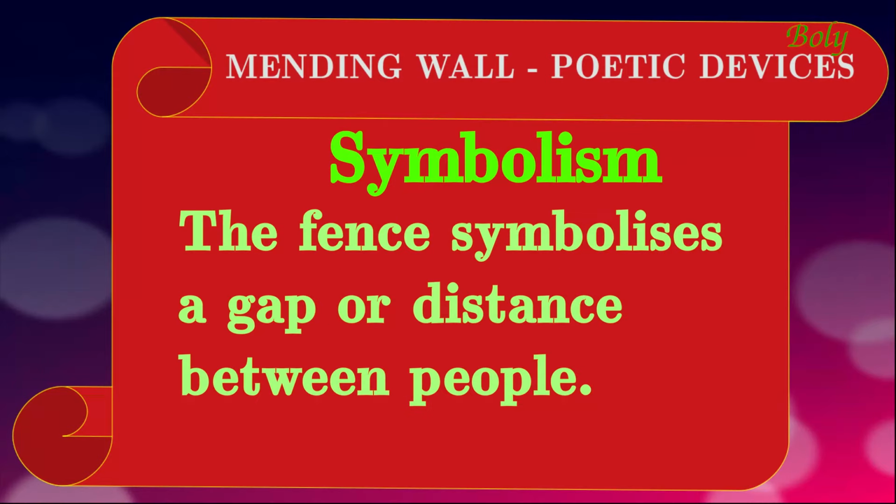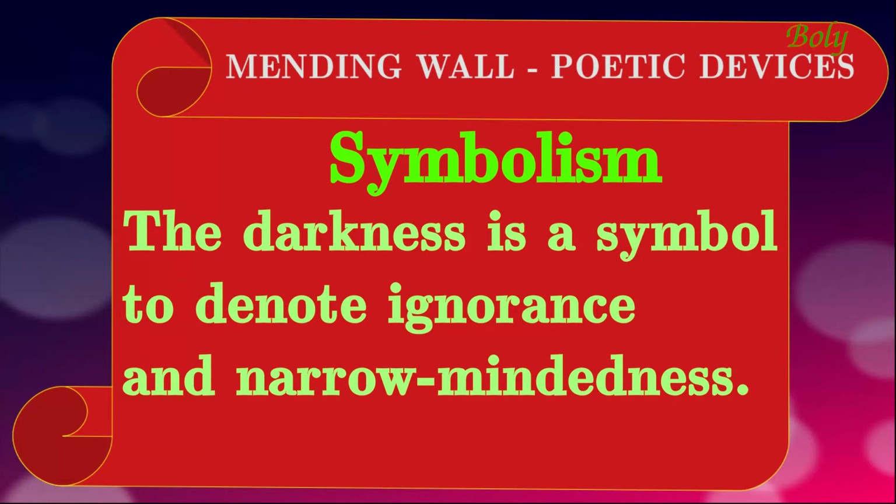Another important symbol in the poem is fence. Fence symbolizes gap or distance between people. Again, the word darkness is symbolic. It symbolizes ignorance. Darkness is a symbol to denote ignorance. When the poet says his neighbor moves in darkness, he conveys the neighbor's attitude.